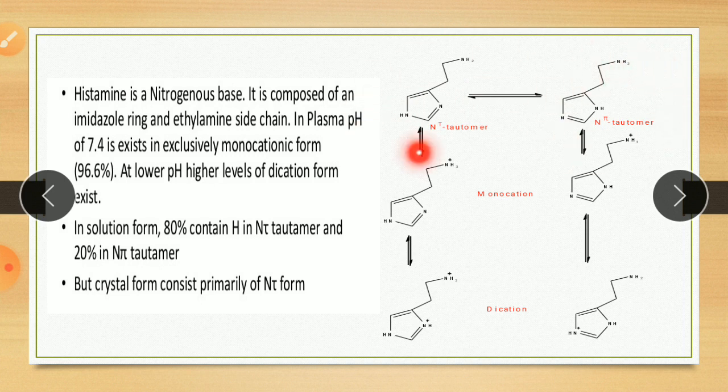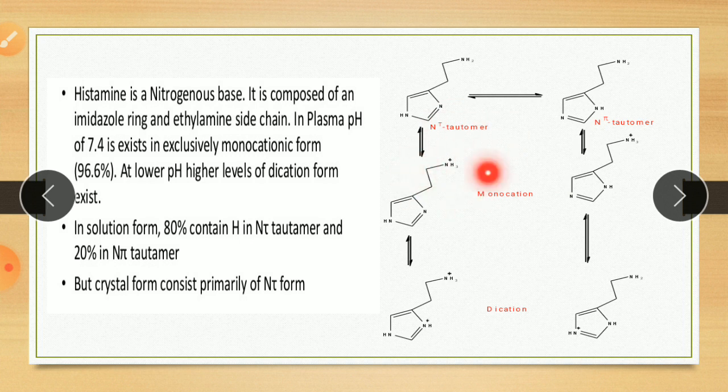Then on both sides there is protonation, on this alpha nitrogen. So this NH2 becomes NH3 plus. Similarly here, NH3 plus. This compound is called a monocation, meaning it contains one charge.